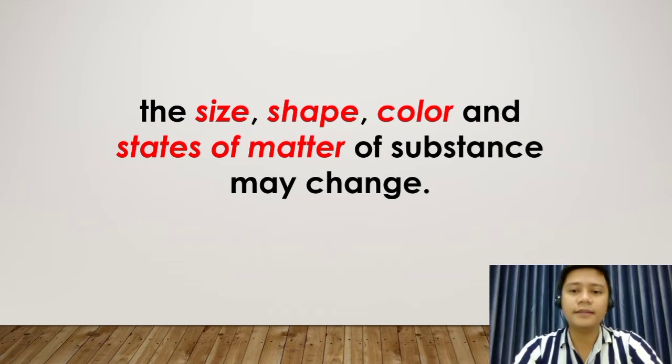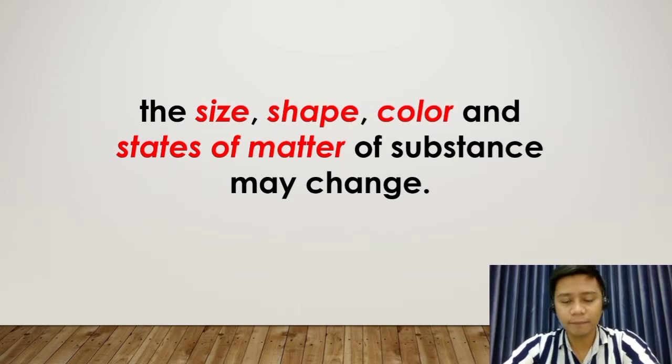Spell color. C-O-L-O-R. And the states of matter. Can you spell states? S-T-A-T-E-S, of, O-F, and matter, M-A-T-T-E-R.